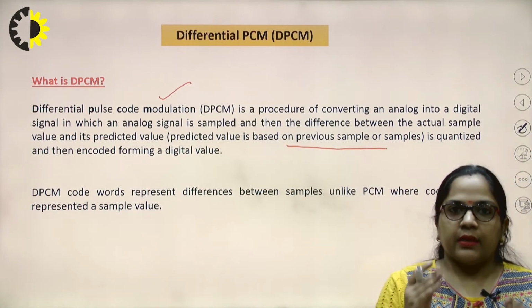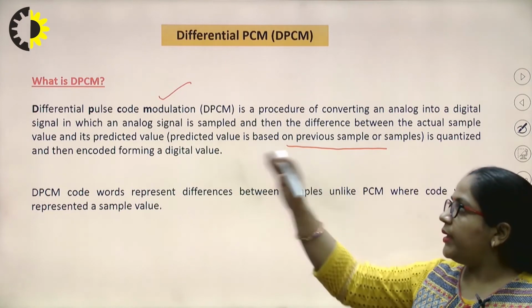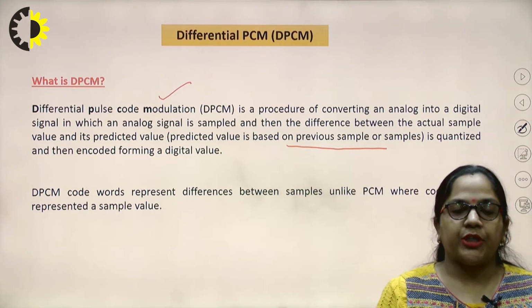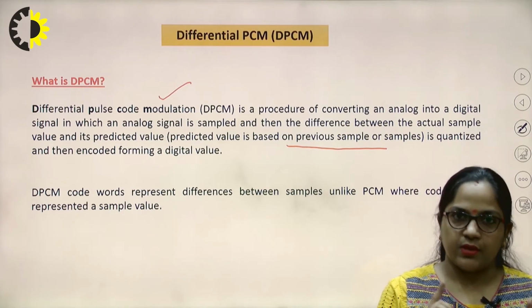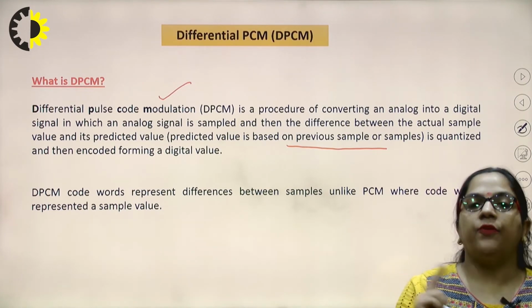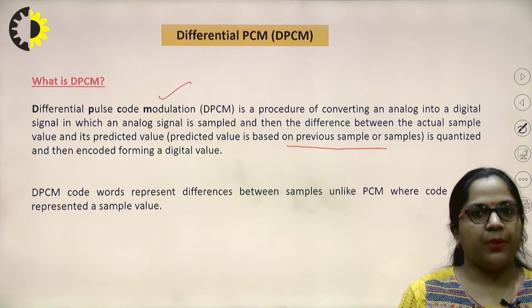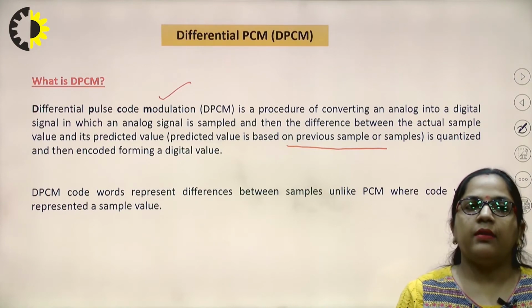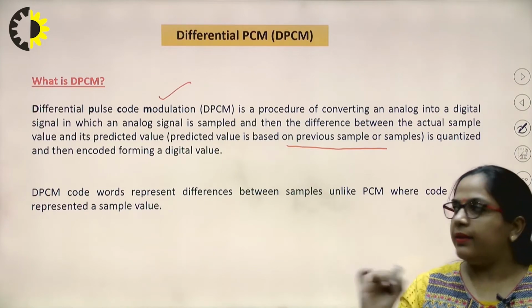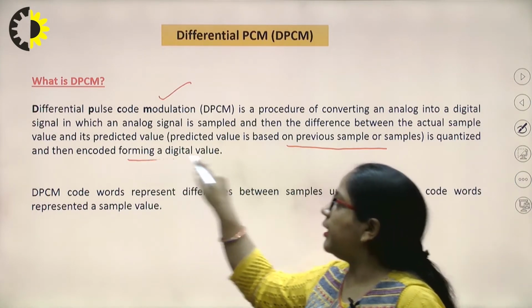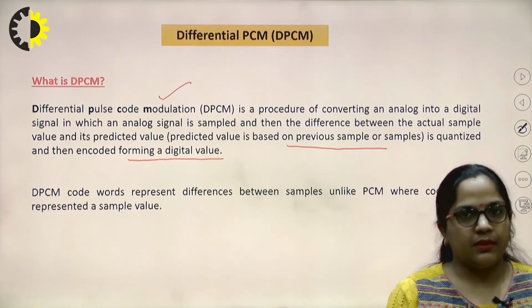In case of differential pulse code modulation, the analog signal is first sampled and then the difference between the actual sample value and its predicted value is quantized and then encoded.